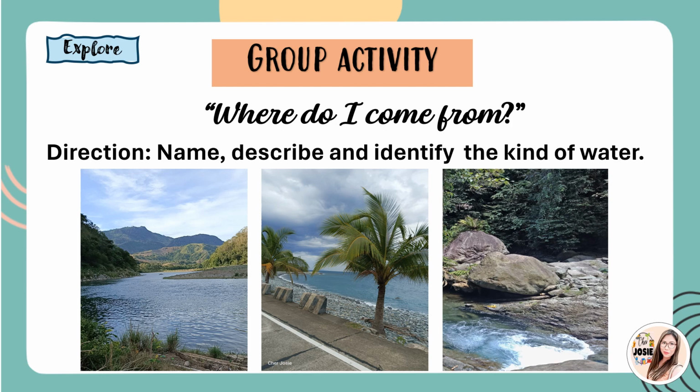To understand our lesson for today better, we're going to have a group activity. It is entitled, Where Do I Come From? You are going to name, describe, and identify the kind of water. Here are the pictures. You may now start.